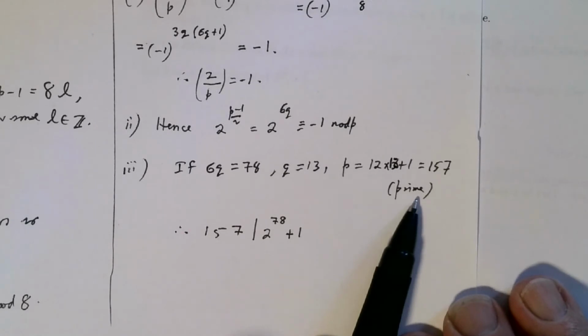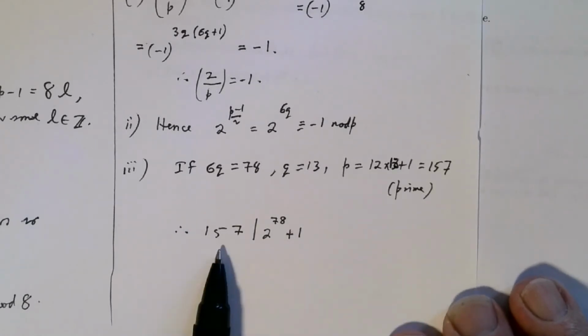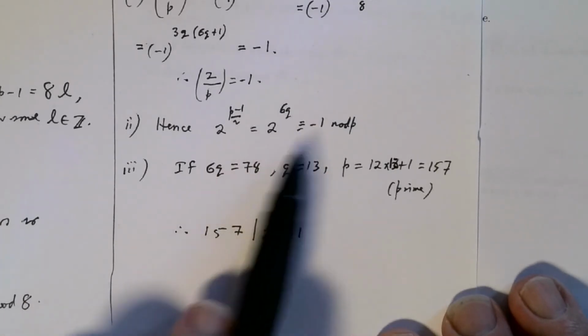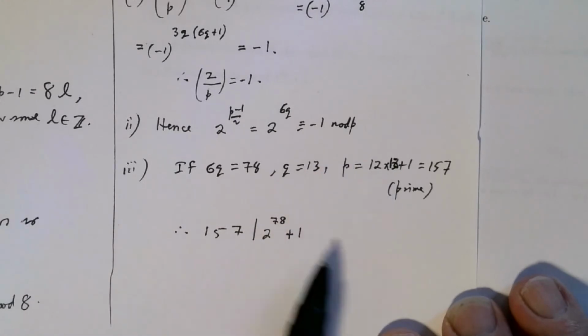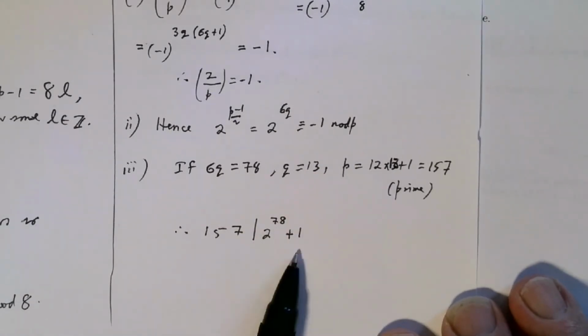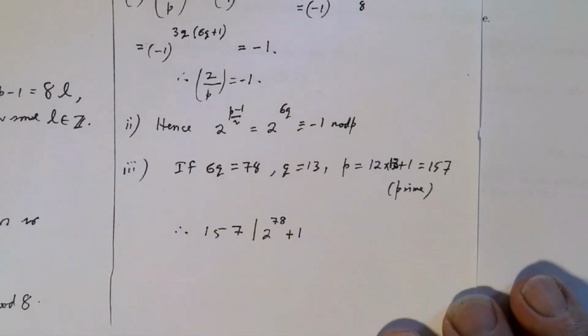And we've just seen that 2 to the 6q plus 1 is divisible by p, so this prime 157 is a factor of 2 to the 78 plus 1, and that just follows as a consequence of part 2.